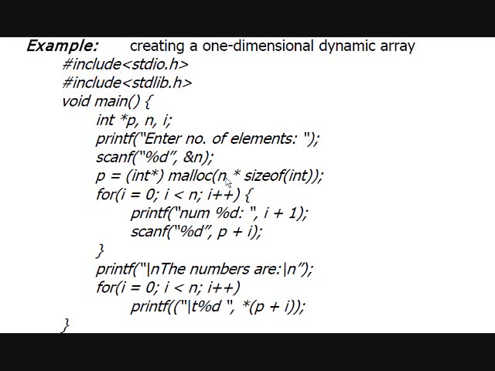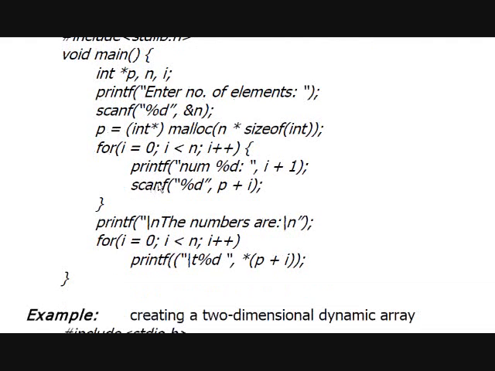So since n is 5, 5 times 2 bytes each, so 10 bytes of memory will be allocated from the heap, and the address of that memory from the heap will be stored in our pointer variable p. Now do not forget to cast it to a pointer to integer, because the data type that malloc returns is void. So do not forget to cast it.